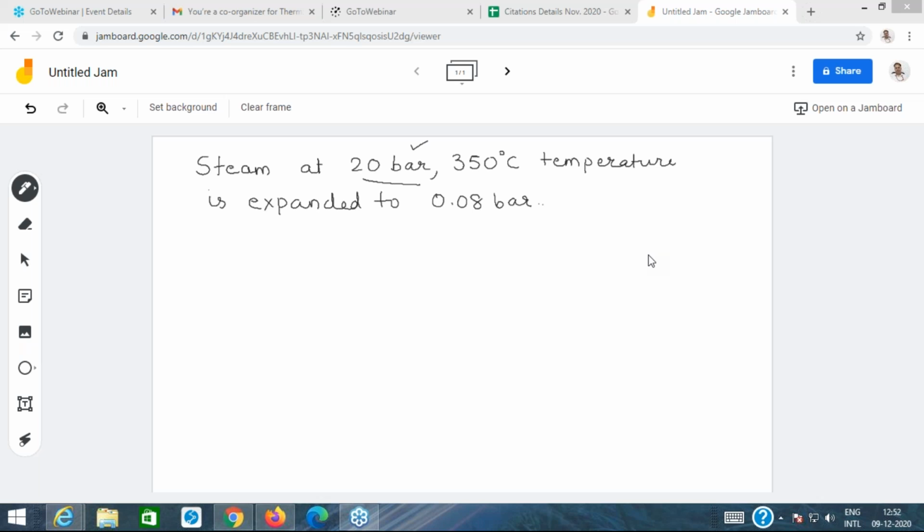Now this steam is expanded to 0.08 bar in a power plant.